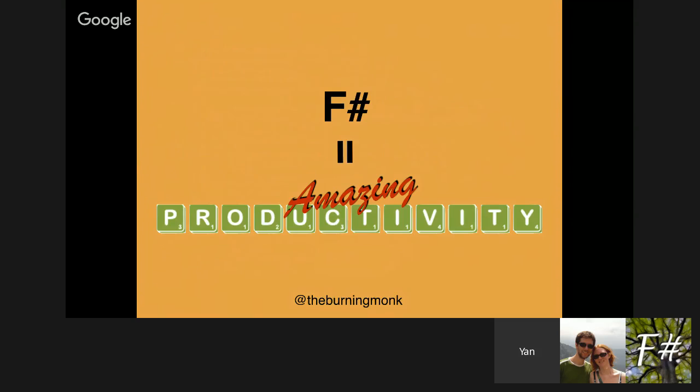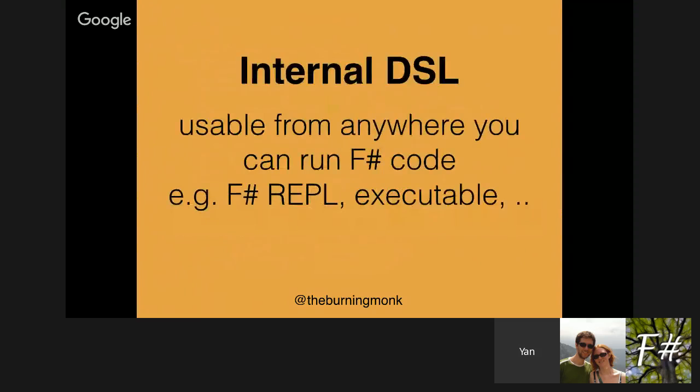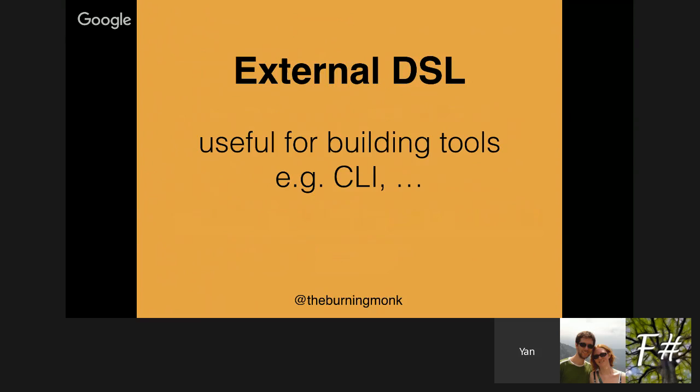So it's a bit more work, but it's still quite easy to write. I wrote the whole thing, both internal and external DSL, in like 2 hours, which was great because I started at 2 a.m. and by the time I finished, I could barely see straight. With the internal DSL, you can run it anywhere where you can run F# code, which could be in your application or in the F# REPL, which is what I tended to do quite a lot.